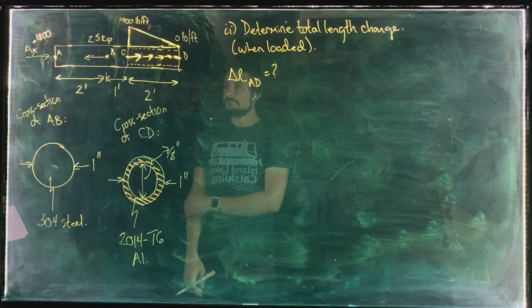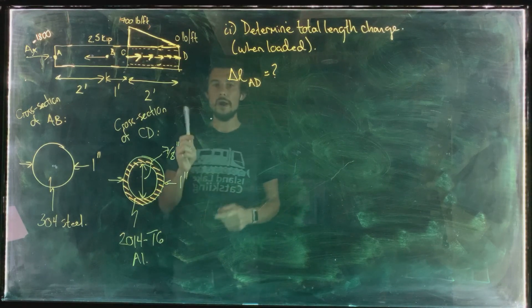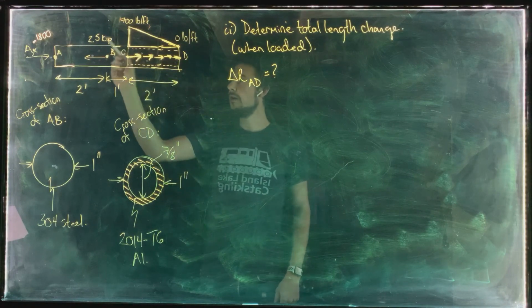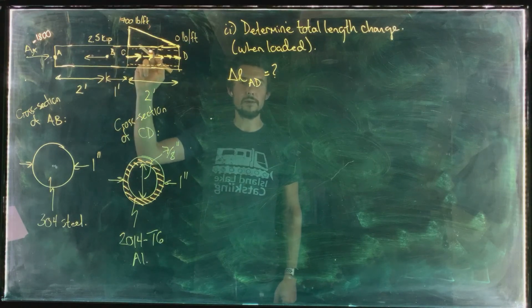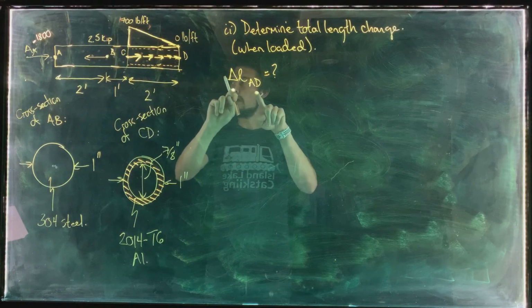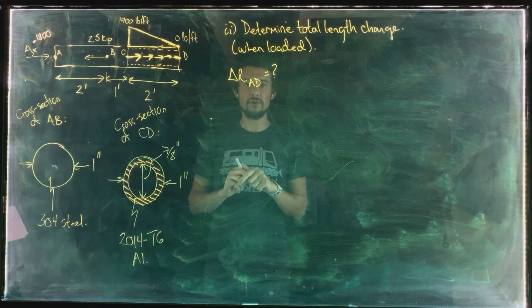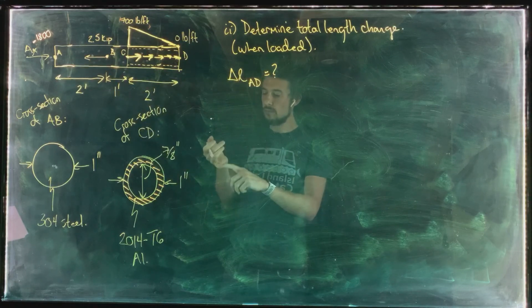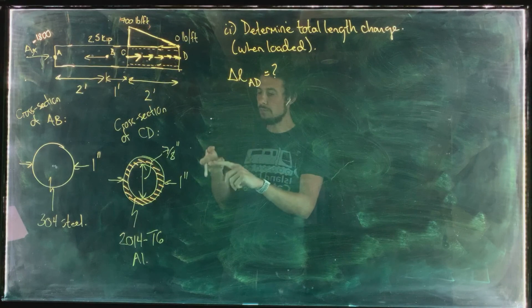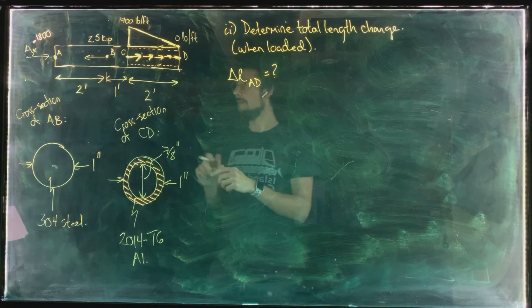Now, you know from the lecture that whenever you have an object where the internal normal force is changing over length, you need to do a length change as the summation of individual length changes for segments where either the normal force is constant or the normal force is changing in a continuous manner.